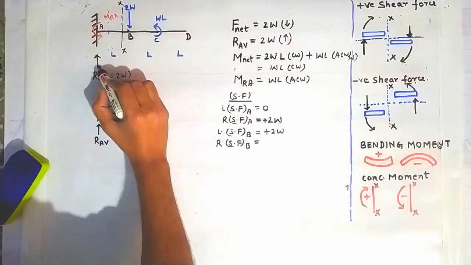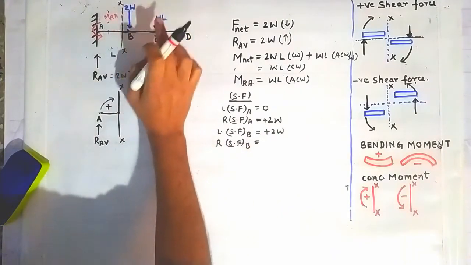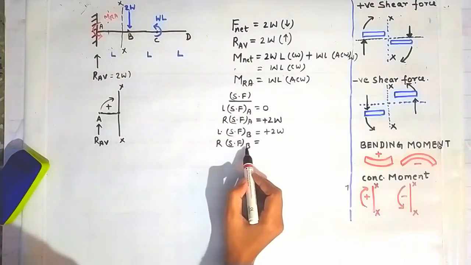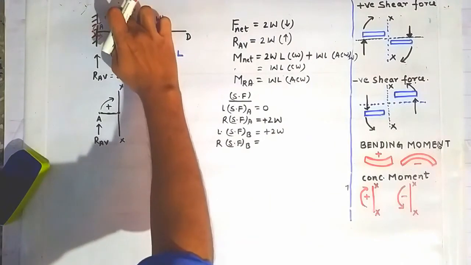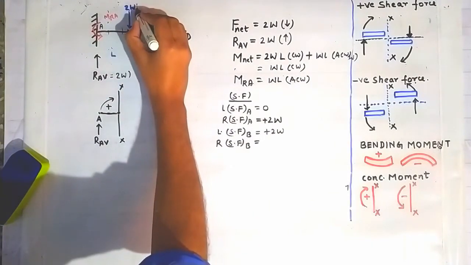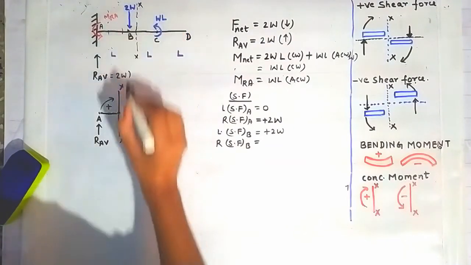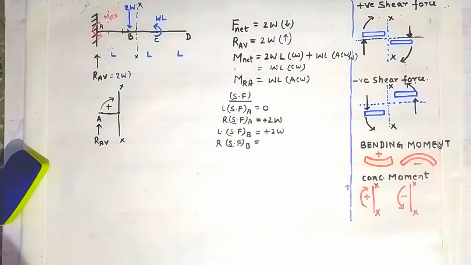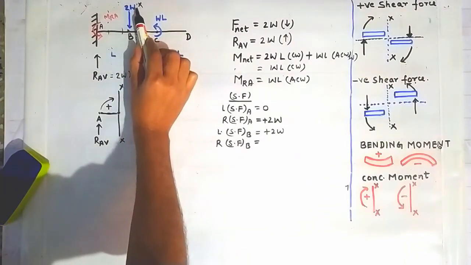Now going to the right side of the point B, to calculate the shear force on the right side of the point B, we have to redraw the section here. So we will draw a section here on the right side of this point B. Now look at the various forces acting on the left side of this section.